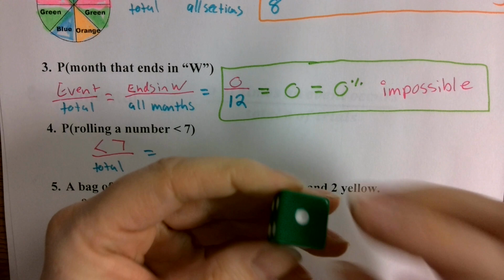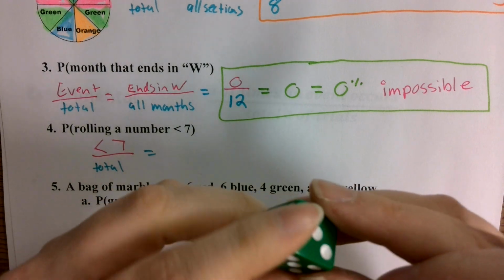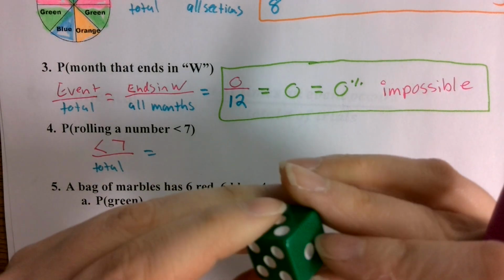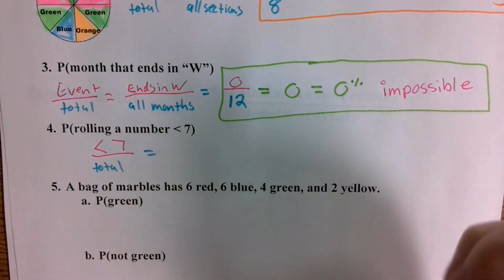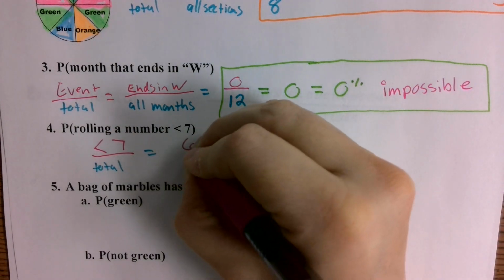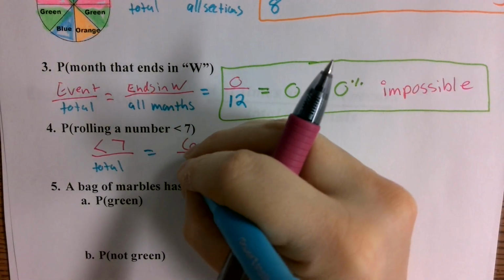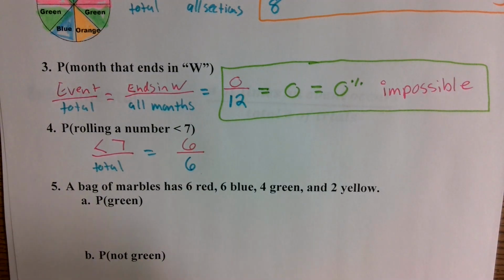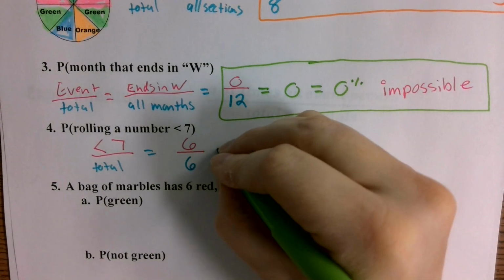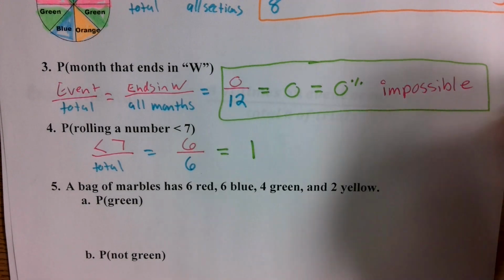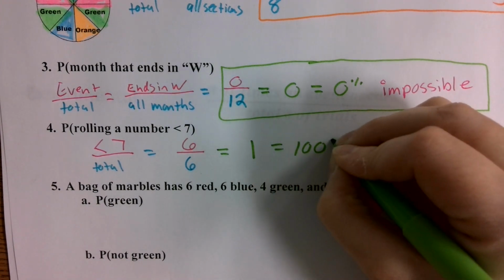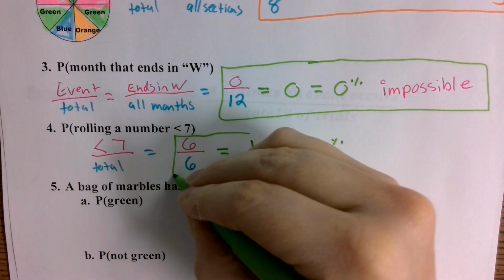All of them, right? 1, 2, 3, 4, 5, 6. There's 6 numbers out of 6 that happen to be less than 7. 6 out of 6, that's going to simplify to 1 whole, which is 100%. So what's the likelihood that this is going to happen?